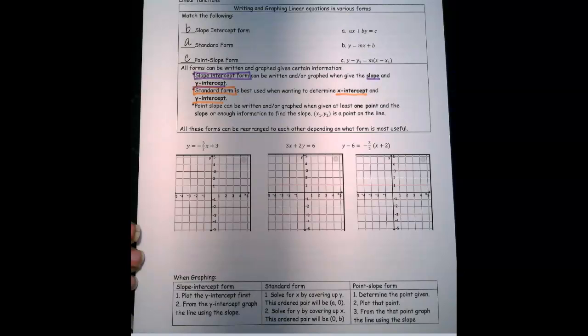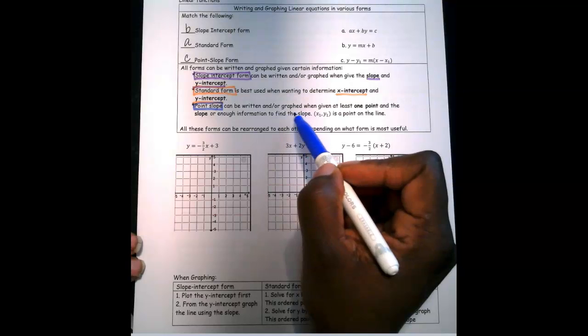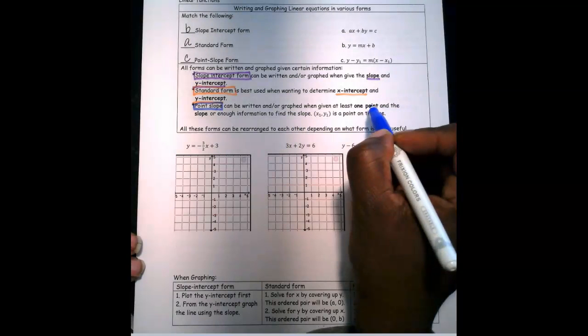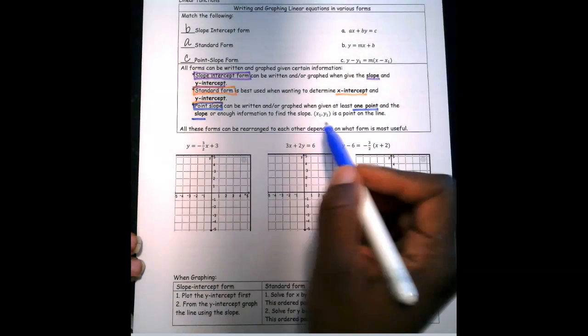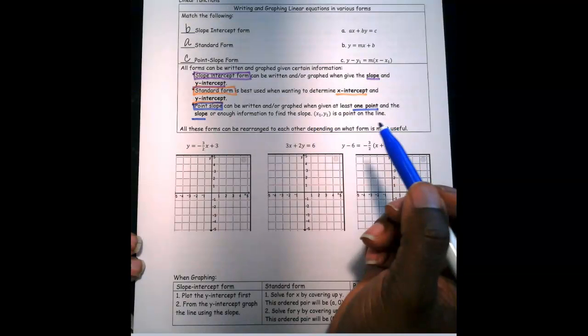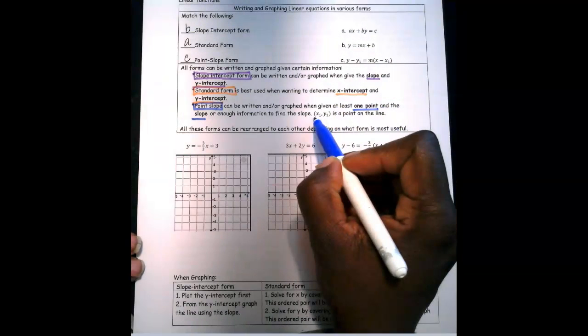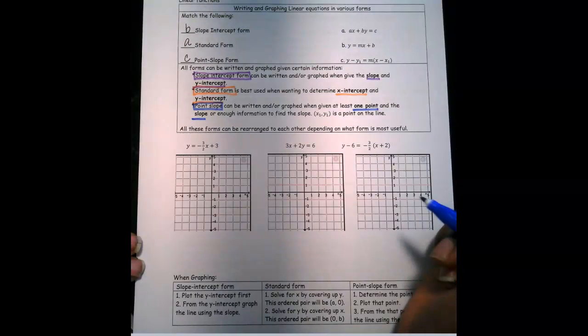Basically, with point slope form, it can be written and or graphed when given at least one point and the slope. Now sometimes you're going to have to find the slope, and you would do that by using the slope formula.